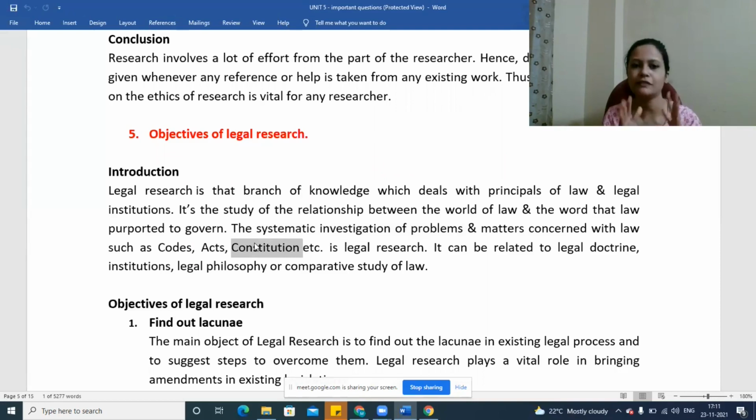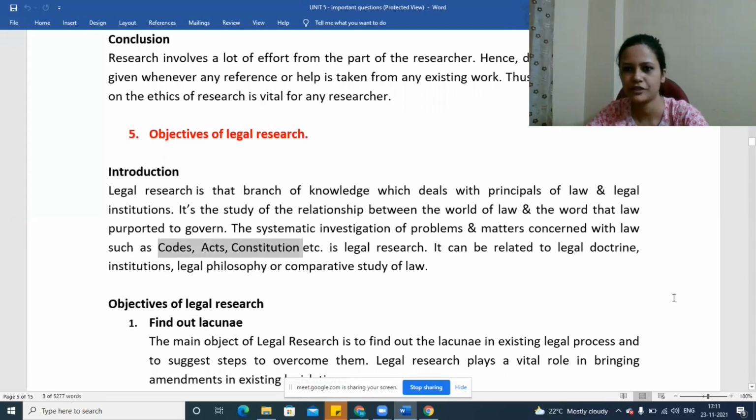When you look at it from the outside, it's very simple. One provision is already mentioned in the constitution very properly, but it has such a long history of different cases. So there again we may take up a legal research. It may relate to some codes, acts, or the constitution as well.